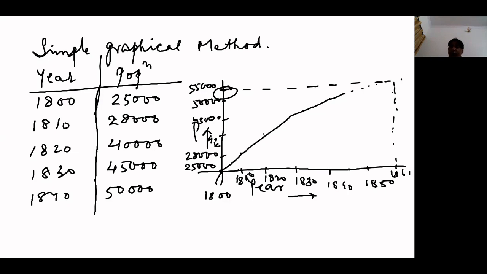If you plot a graph for each day for say 5 years, you've got data of 365 into 5. Now, if you plot a graph taking all this data, then you would get a much more precise figure rather than taking it year wise.